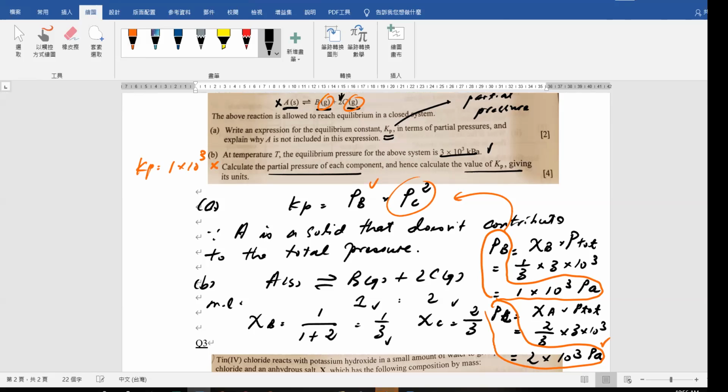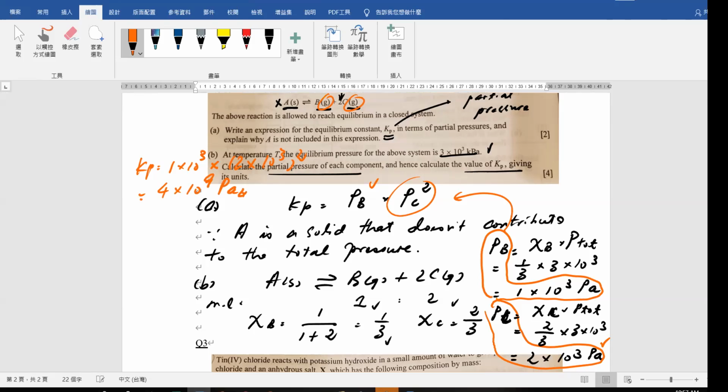This should be C, sorry, C. Together with this one, C, that is the 2 times 10 to the power 3 squared. Then you use the calculator. So it will be equal to 4 times 10 to the power of 9 Pa.